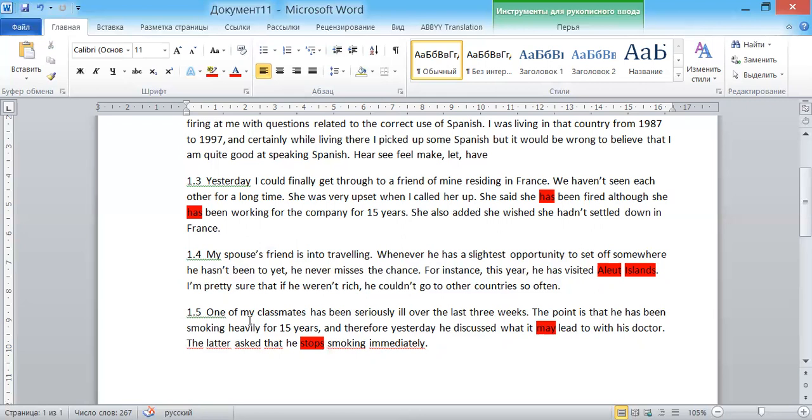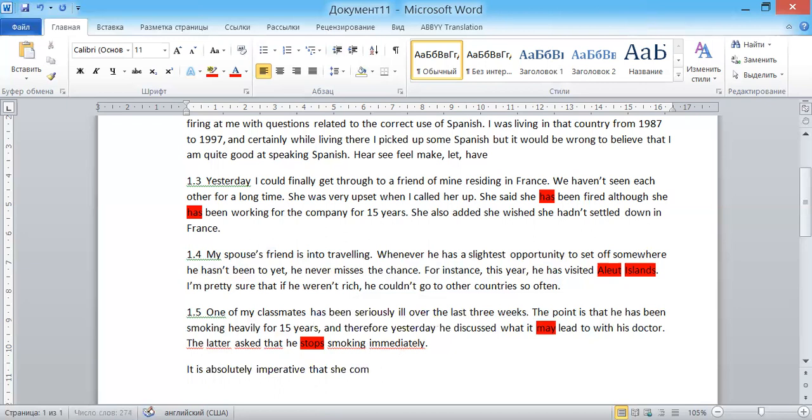Okay, and you should ask your teachers for a complete list of these structures, so that you know after which verbs and after which expressions you should use only the bare infinitive. One of them is this one. Look, for example, it's absolutely imperative that she come here on time.